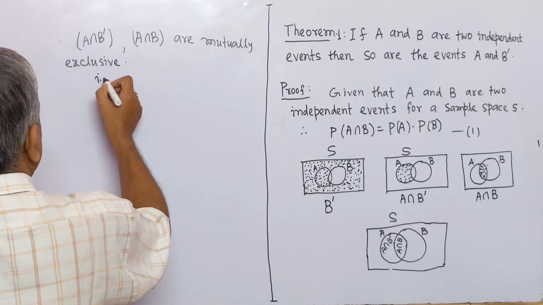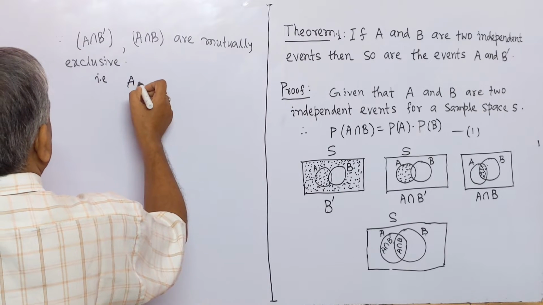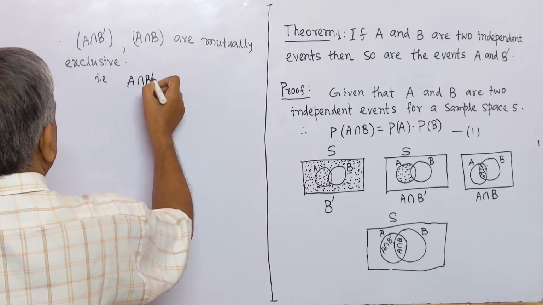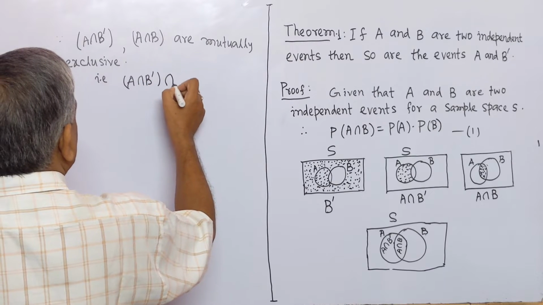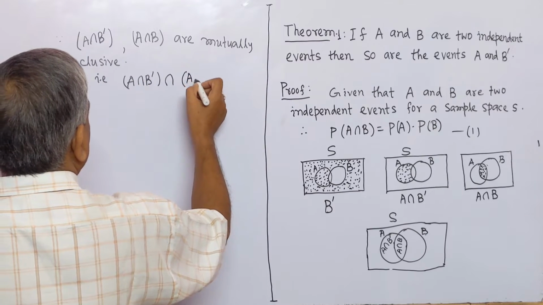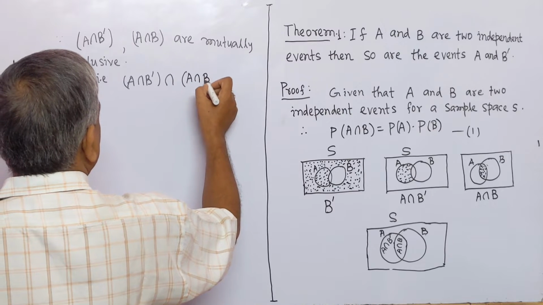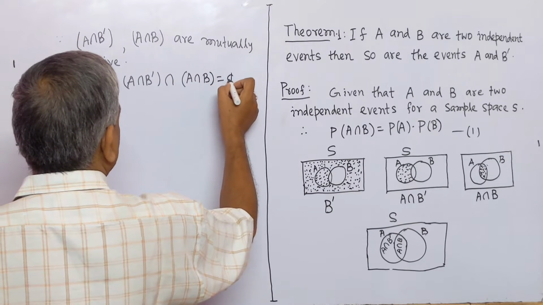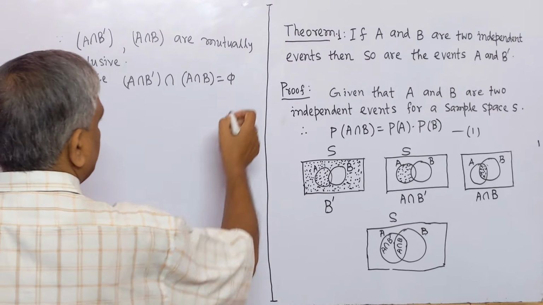That is, A intersect complement of B intersect A intersect B equals null set phi. This is number 2.